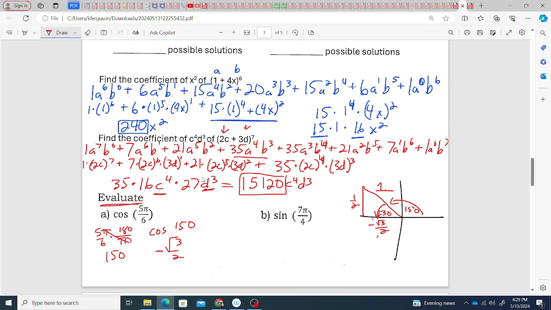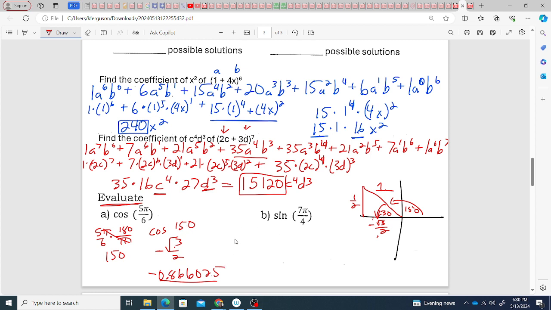Yep, there's pi. Divided by 6. Yeah, it gives me some decimal, which is fine. It gives me negative 0.866025. Guess what that is? It's that. It's the square root of 3 over 2.